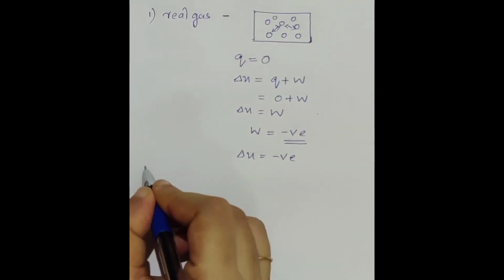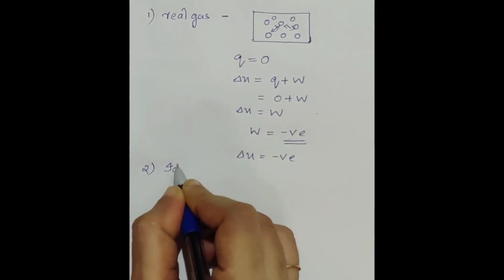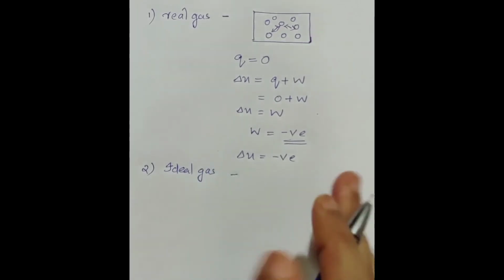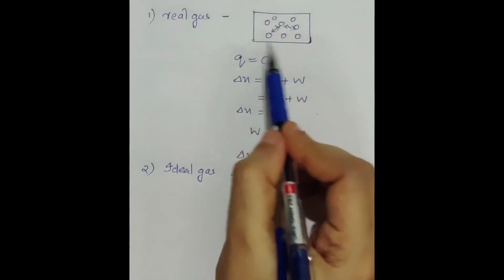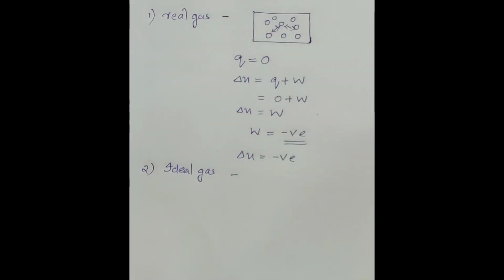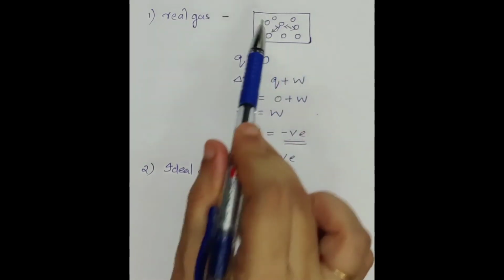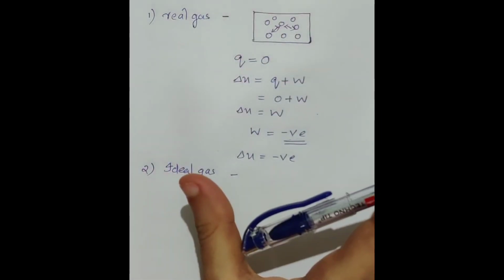Now next we are discussing the ideal gas. In the case of an ideal gas, there is no intermolecular attraction between the gaseous molecules. So, no work has to be done during expansion.